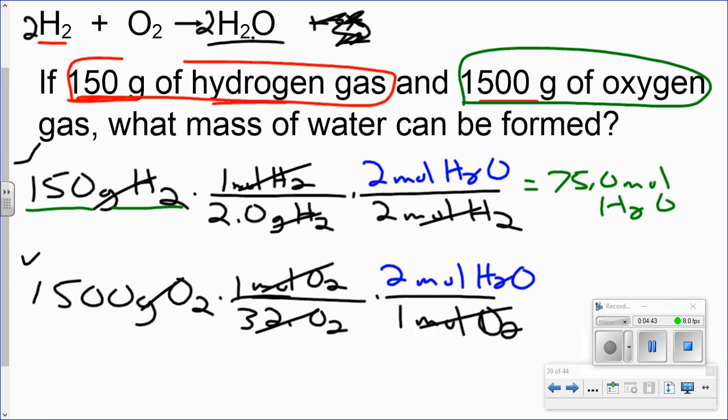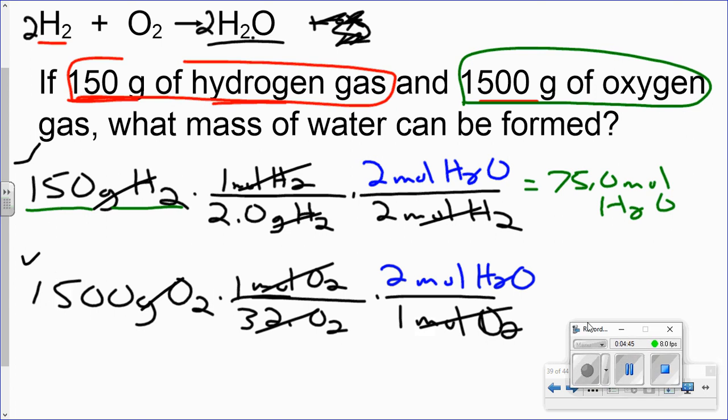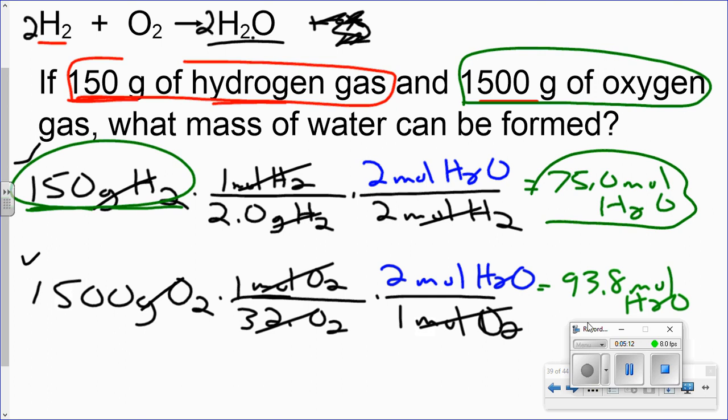Now, if I take 1,500 divided by 32 times 2, I end up with about 93.8. So notice it was close. Which is my limiting reactant? It's the one that produces less product, and that's this one. This produced less water.